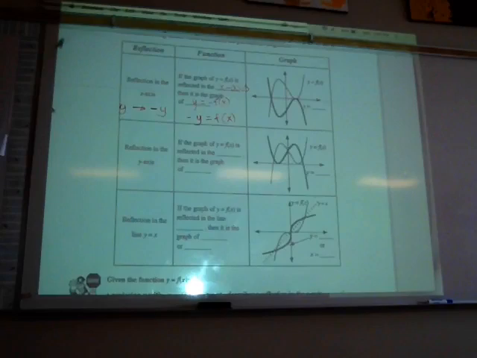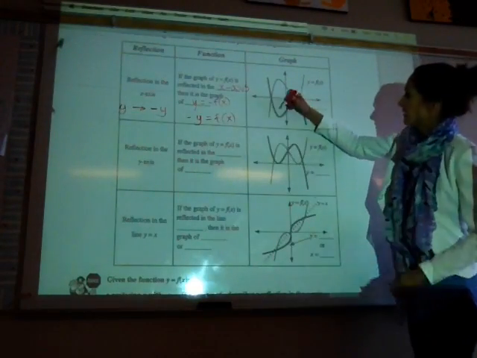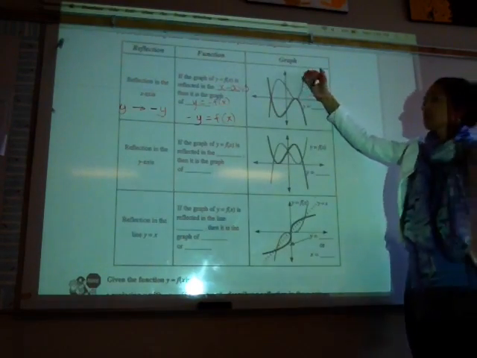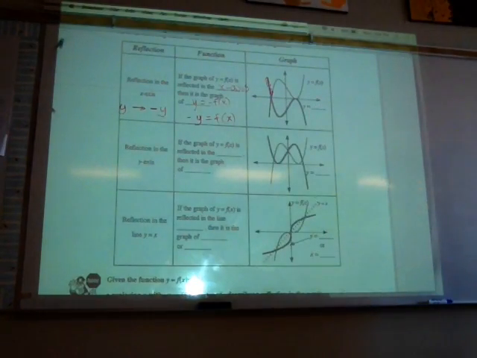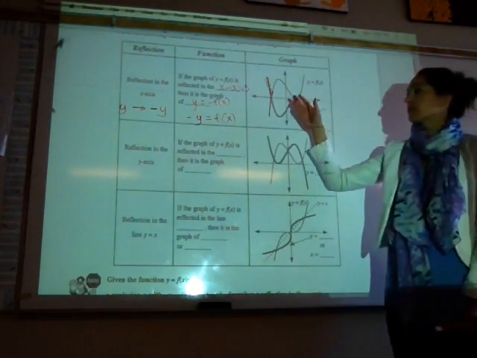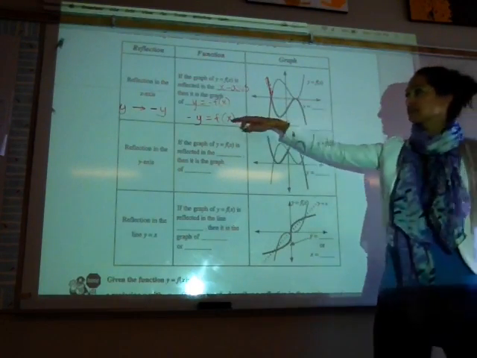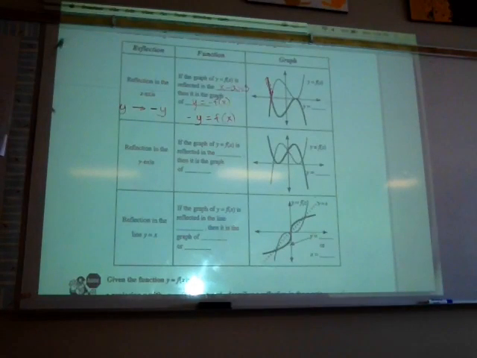So if they were positive to start, they become negative. Also, any y-coordinates that were negative are now positive after being reflected over the x-axis. So the notation, if we're going from y equals f of x to a reflection over the x-axis, becomes y equals negative f of x. It's important to note, over the x-axis, the y values change.